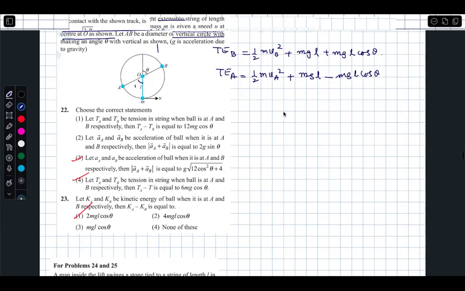Now, what about the tensions? At this point, tension at B: m vB square by L, and this is mg cos theta.